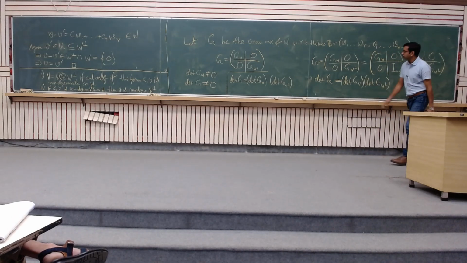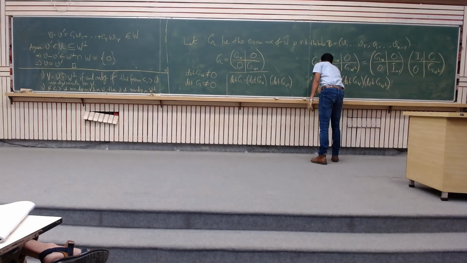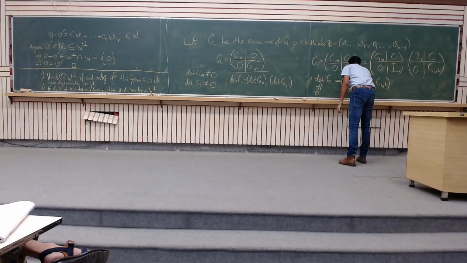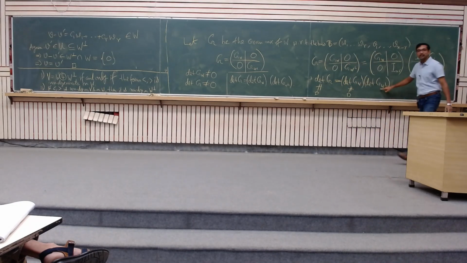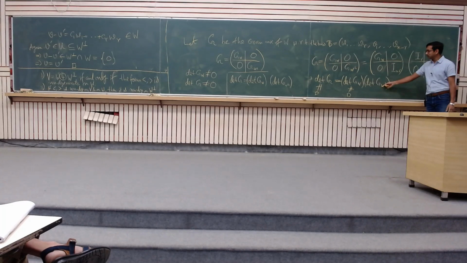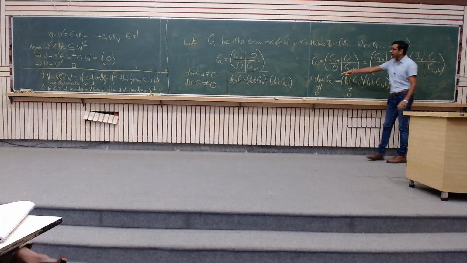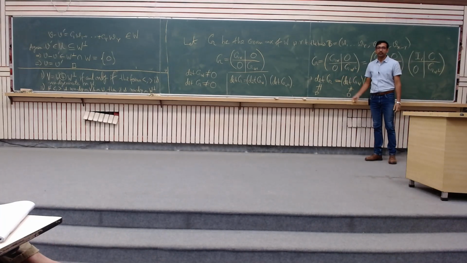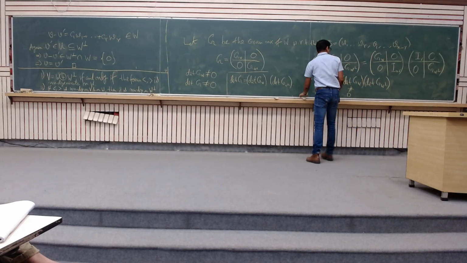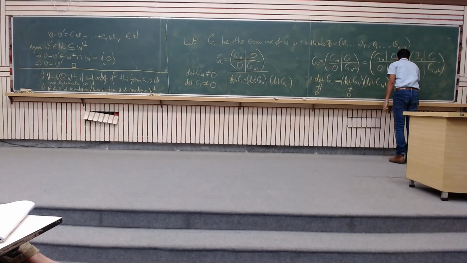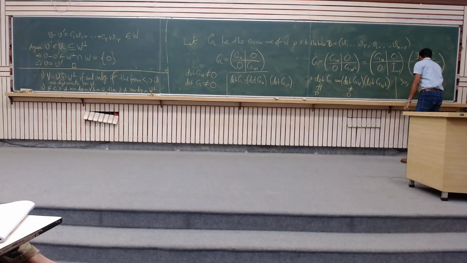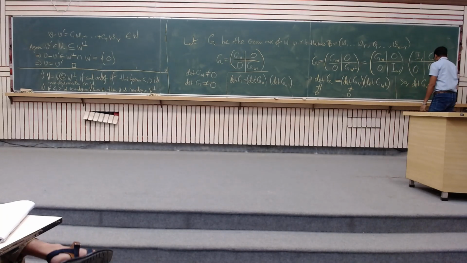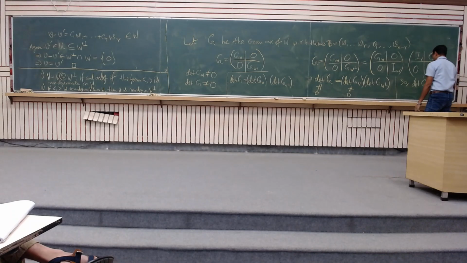Now if this is not equal to 0, that would imply that this is not equal to 0. If this is 0, then the entire thing would be 0, and the form would be degenerate on V. So determinant of G_W perp is not equal to 0.